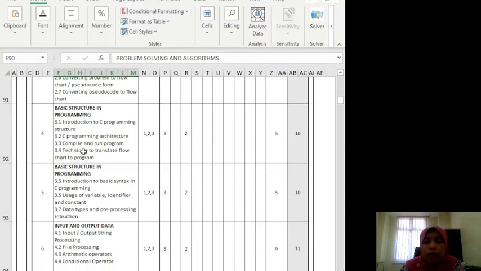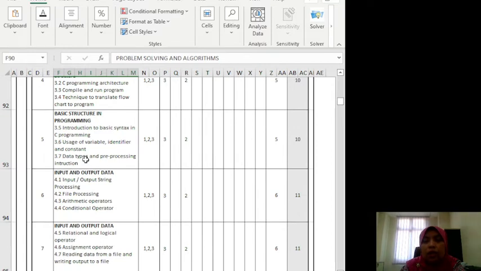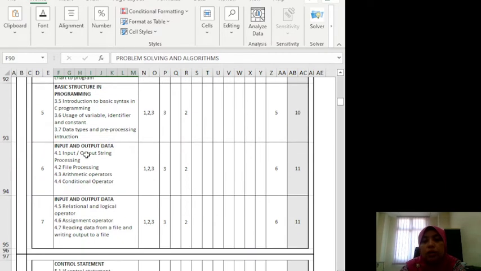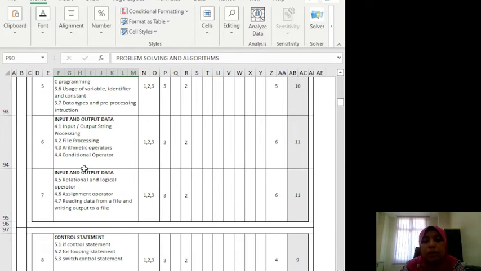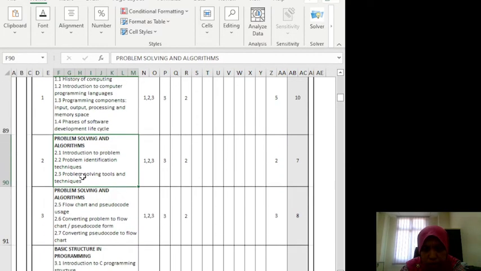Then we split it into 2 weeks, weeks 4 and 5, continuing from the previous part. Then you will be introduced to variables, identifiers, constants, what the syntax is, errors and so on.